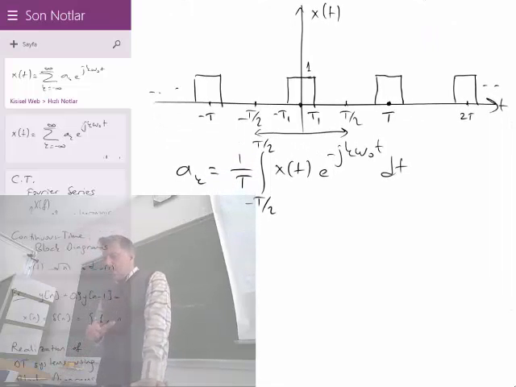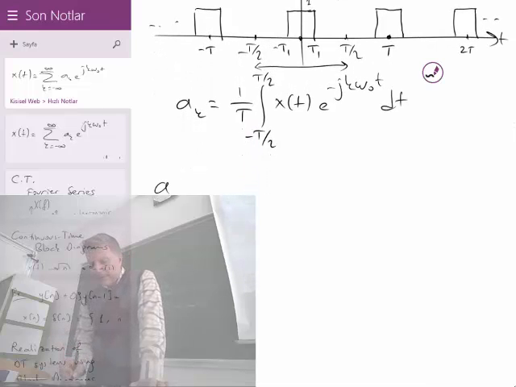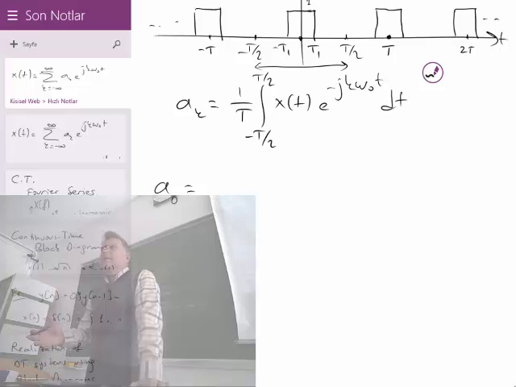Now, of course, we need to find the Fourier series coefficients one by one, or you must find a different formula for every k, or parameterize in terms of k. Let's start from the simple one, for example, a_0. By the way, this a_0 is the DC coefficient. It's the harmonic with a zero frequency that would correspond to the DC component of this waveform.